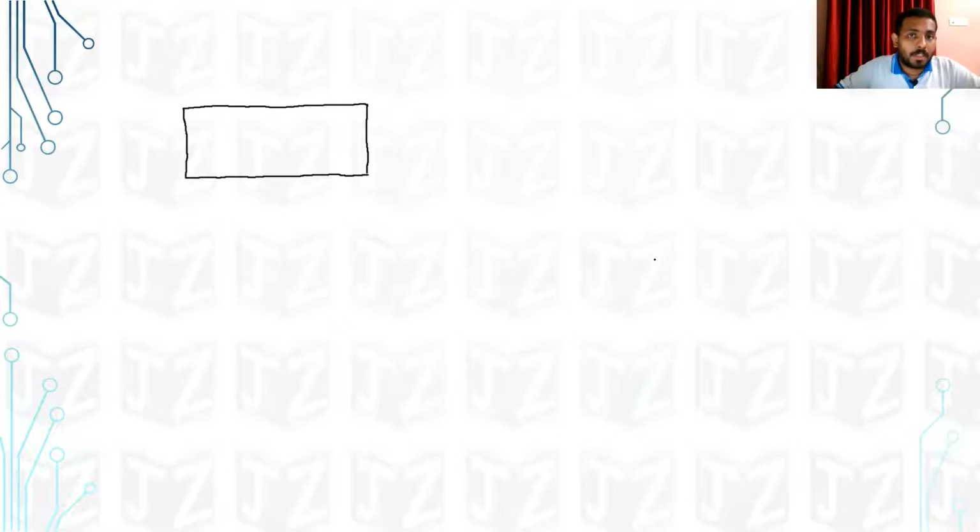So now suppose we have a rectangle, and the rectangle has a breadth B and a length L. To find the area of the rectangle, we have area equal to length into breadth. Simple, right?